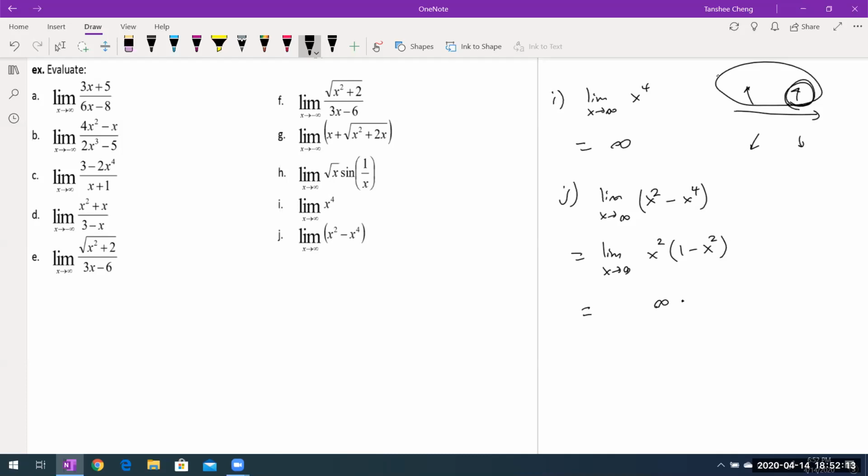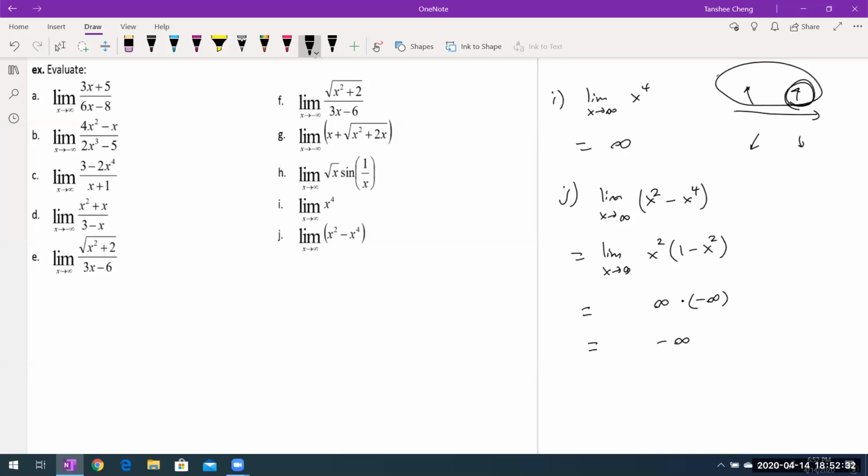That will help us get negative infinity at the end, because a very large number times a very large negative number gives an even larger negative value. So this is how you need to show your work, although the limit does not exist.